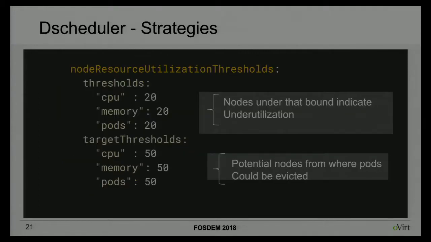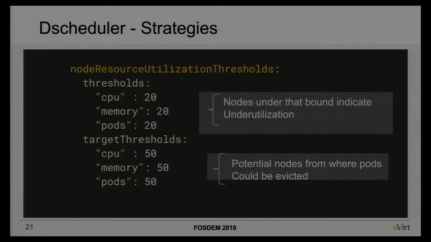We define specific thresholds for low utilization. In the top example, I defined 20% of CPU and maybe 20 for memory, which is not the best example, but a simple threshold of memory that wasn't reached, and also number of pods. If a node meets all of these thresholds and is under them, it triggers the descheduler to start searching for other nodes where it can evict pods from.